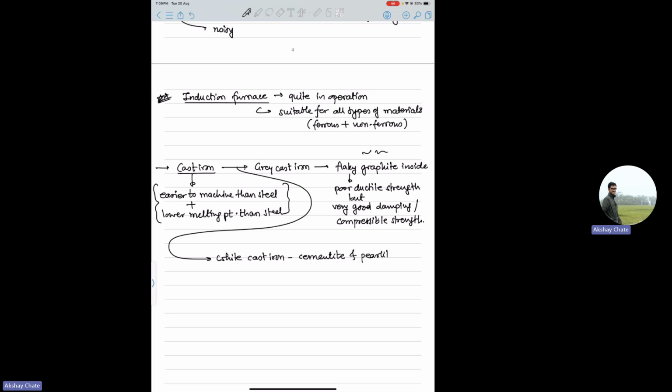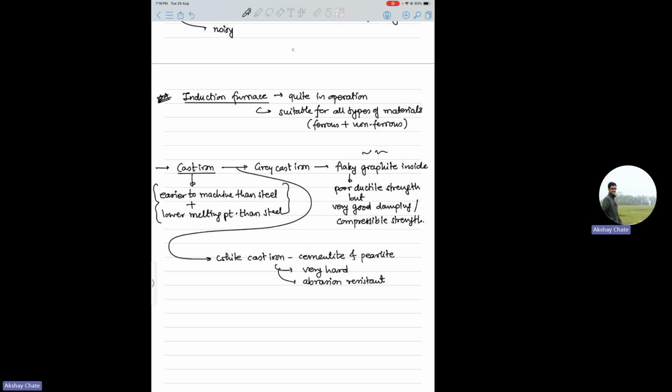So the carbon will be present in this form, and this white cast iron is very hard, so it has high hardness, and it is abrasion resistant.